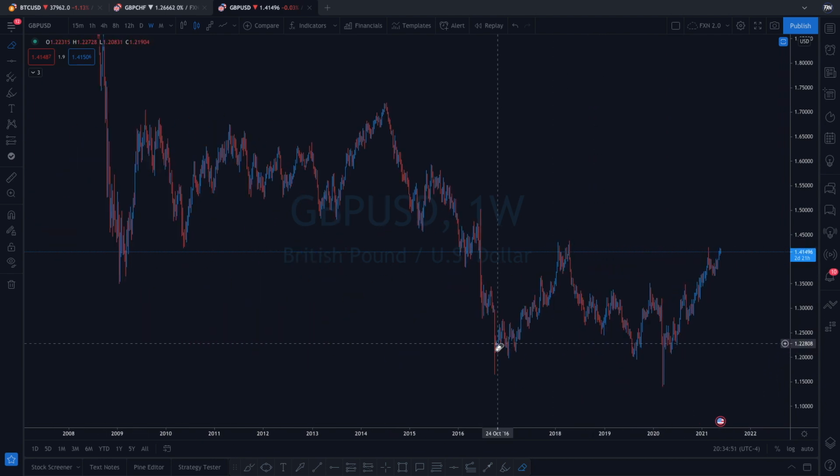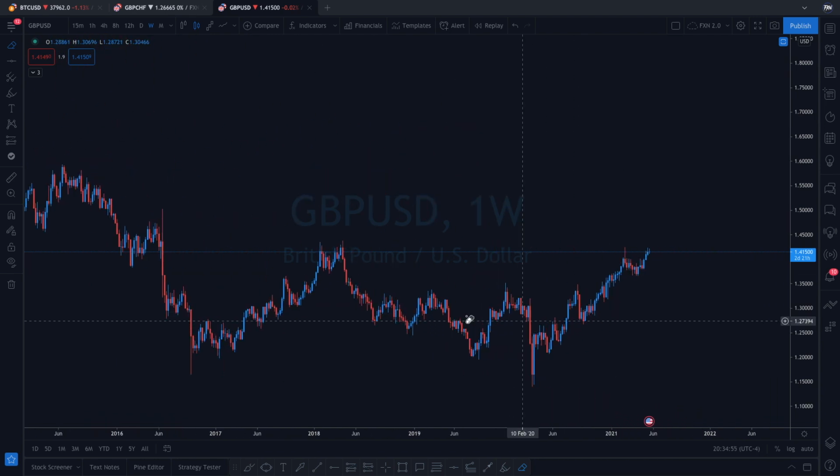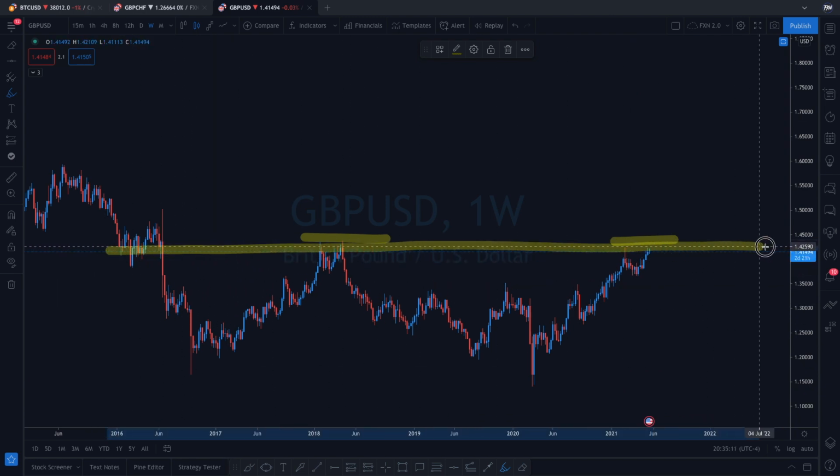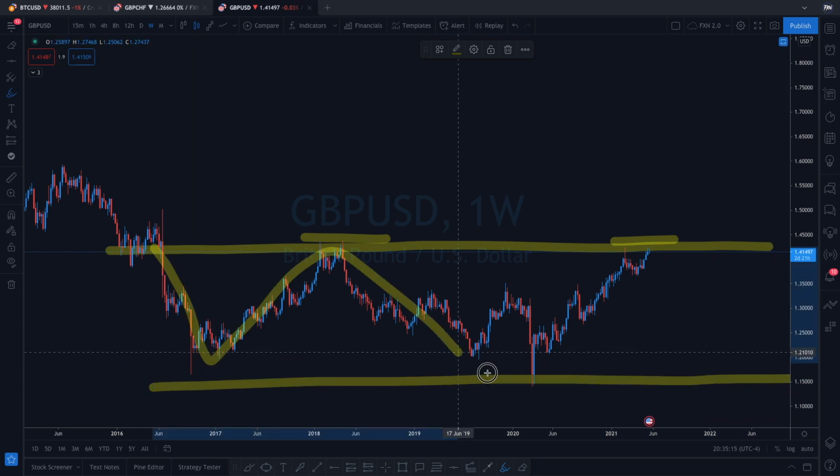Because we know the bigger pattern picture that we want is we want this to complete so we can go down further. Now, the question becomes, because we're at a critical point here, right here and right here, because this is the point where this level is essentially being created on a weekly time frame.